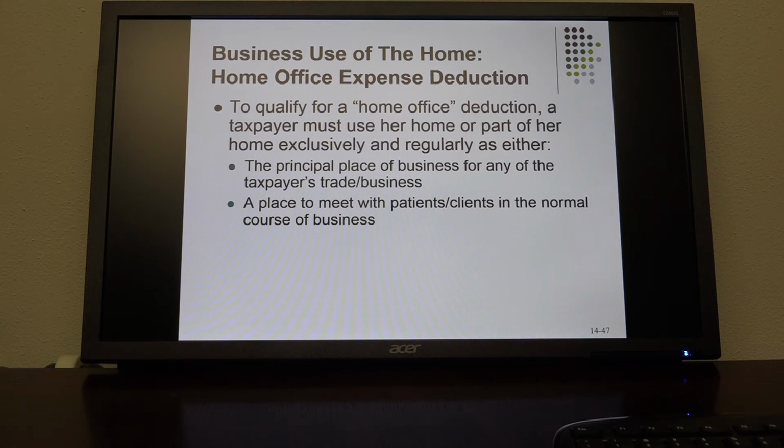Because while he's not treating clients or patients there, he's certainly using this part of the home exclusively and regularly to do his administrative work, which is part of any of the taxpayer's trade or business, right?